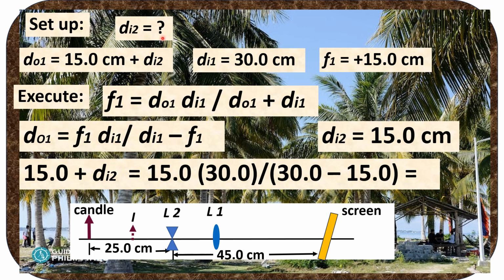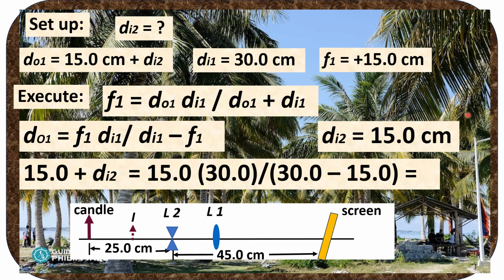But we know that this image distance, d sub I2, is the distance of the image formed by the diverging lens. As we have emphasized in this diagram, it is formed to the left of the diverging lens, meaning it is a virtual image. And the image of a diverging lens is always upright and it is always reduced in size.